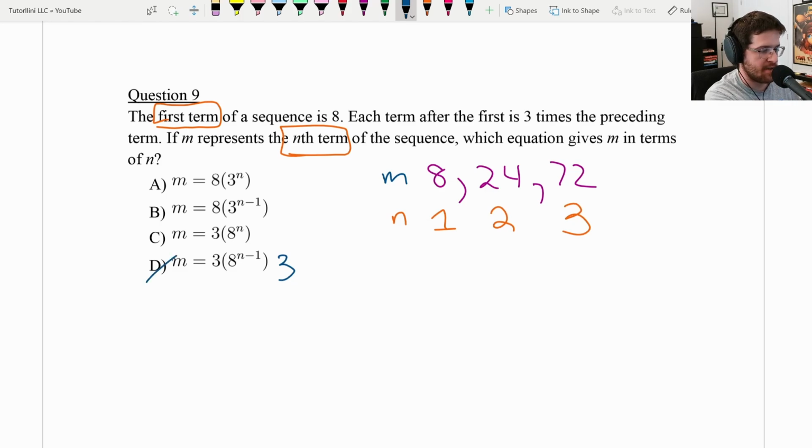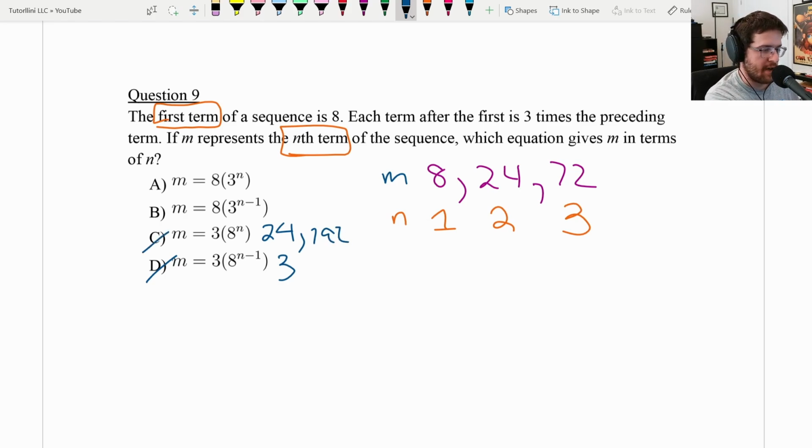The first term should be 8. So this guy's out. And the next one, if I plug in 1, I get 3 times 8, which is 24. Okay. And then the next term would be, no, it wouldn't be 72. It would be 24 times 8, which is 192. Okay, so this is already looking way off. C is wrong. Let's look at B.